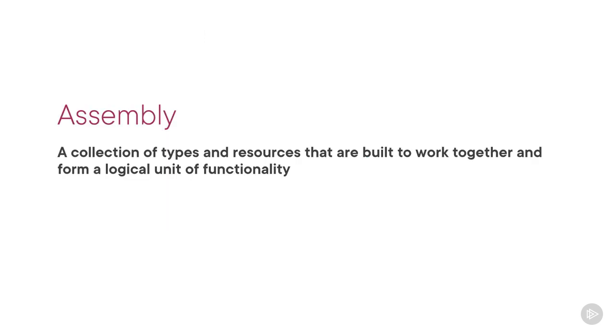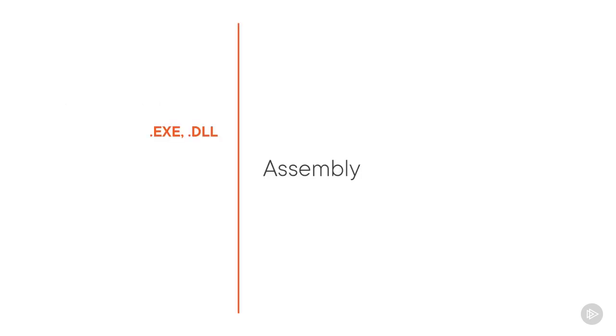An assembly is a collection of types and resources that are built to work together and form a logical unit of functionality. Assemblies take the form of executable files, .exe, or dynamic link library files, or DLLs.